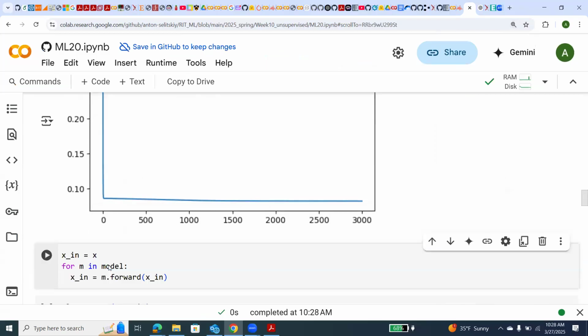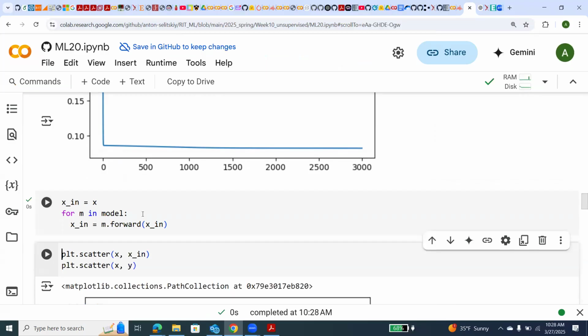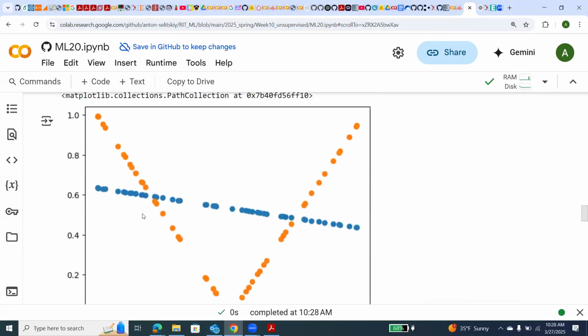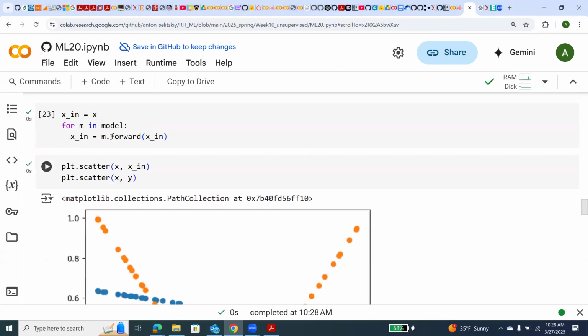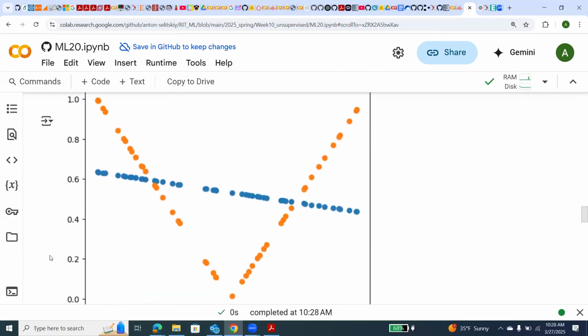It drops, but if I apply my model and plot the output from my model, this is the blue line. What do you think? Is it a good approximation? No, it's just approximation with average, with the average.